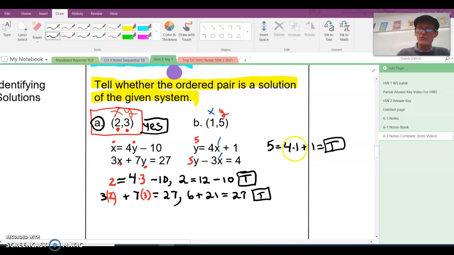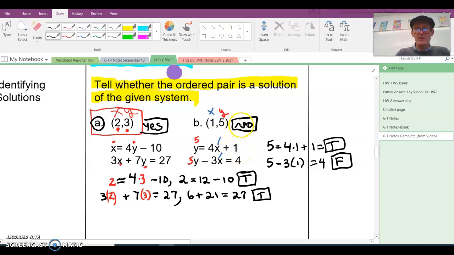And then the next one is 5 minus 3 times 1 equals 4. 5 minus 3, that's 2. And that does not equal 4, so that one's false. So this one is no.